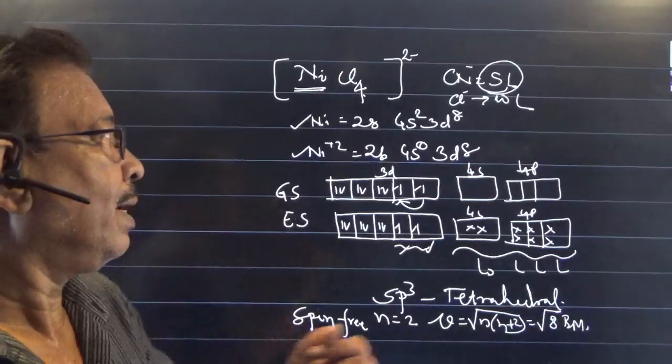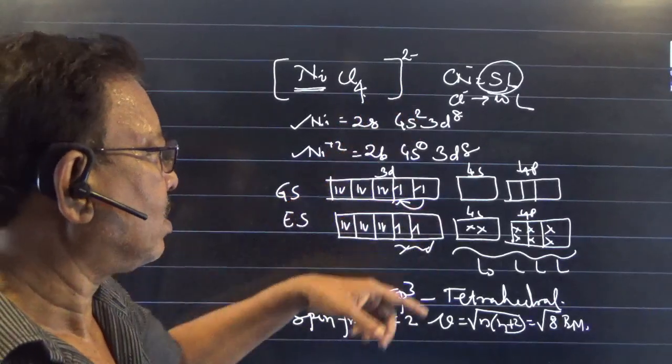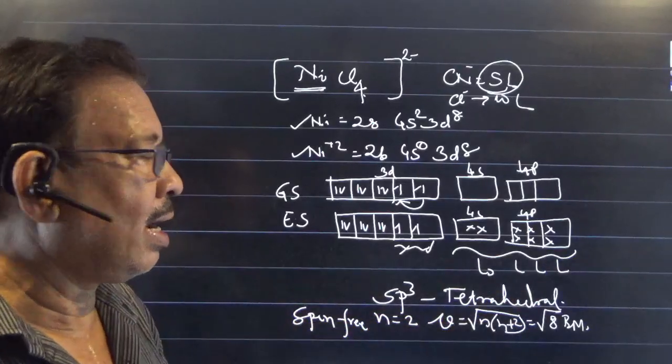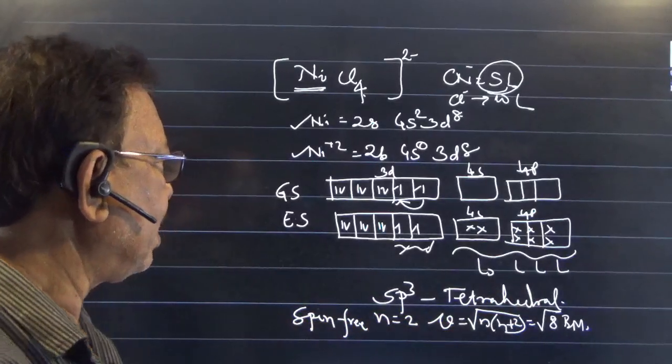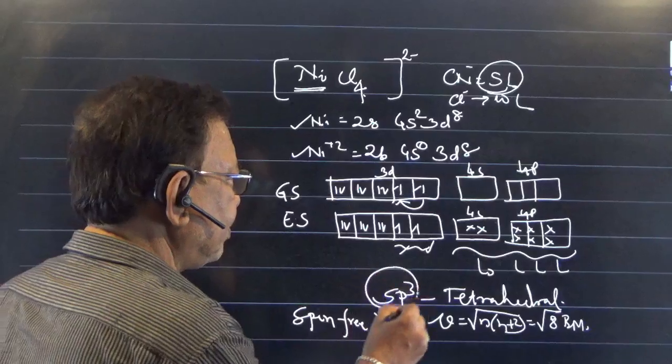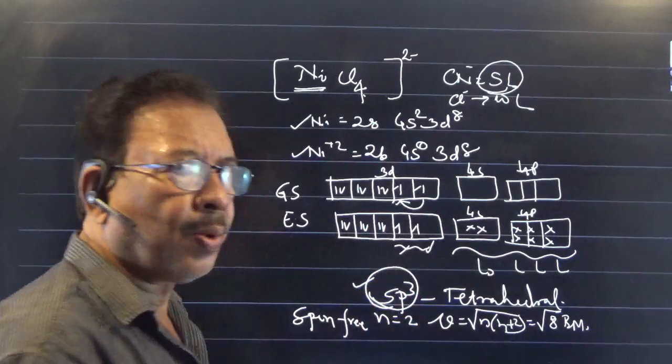But in the case of NiCl4 2 minus, it becomes tetrahedral. Hybridization is sp3. Could you follow or not?